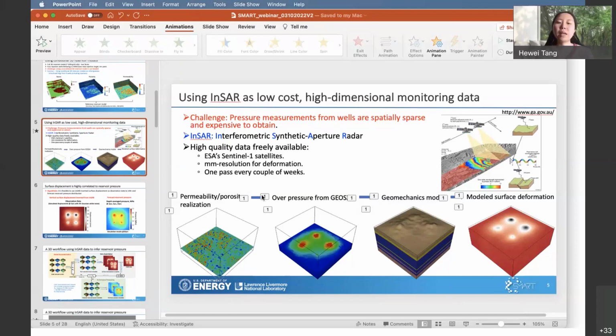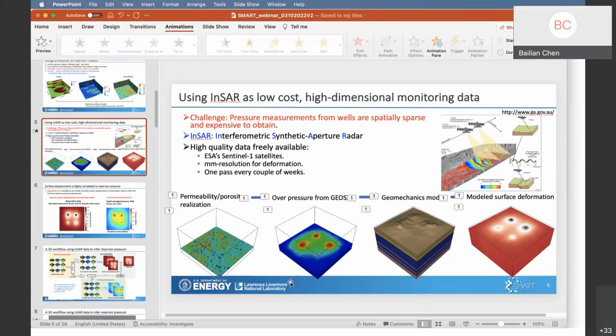For the reservoir model, I only use the reservoir layer to do the reservoir simulation to get the overpressure of the reservoir. But for the geomechanics model, I need a full-scale simulation, from the top to the bedrock beneath the reservoir, to get the surface deformation.